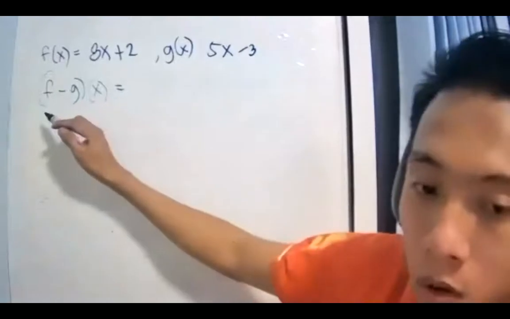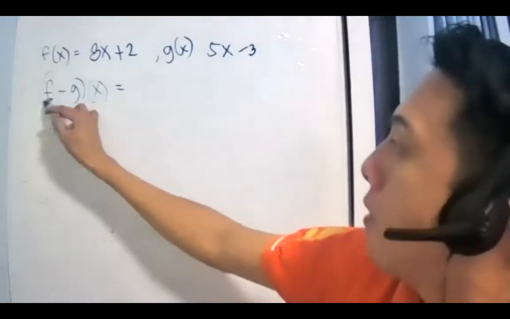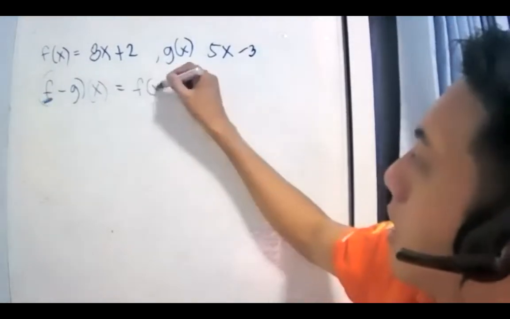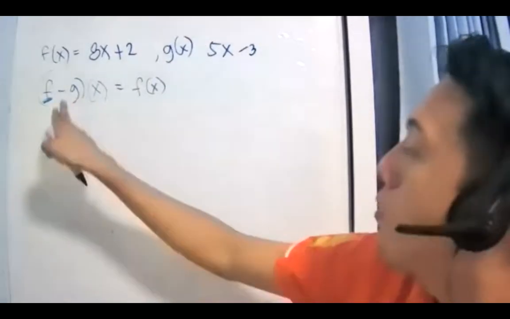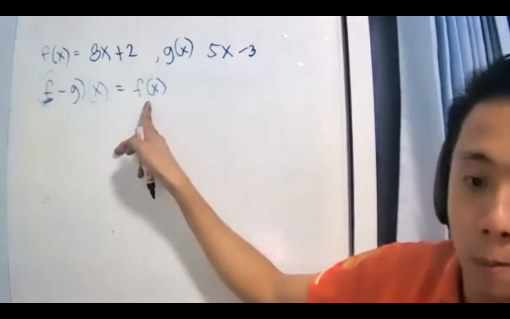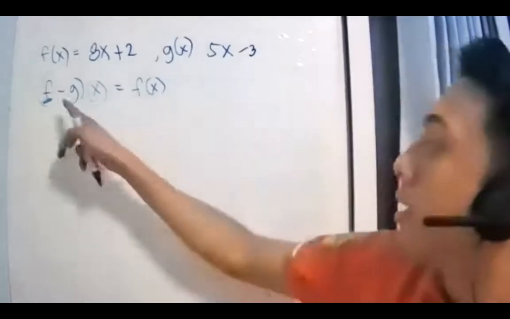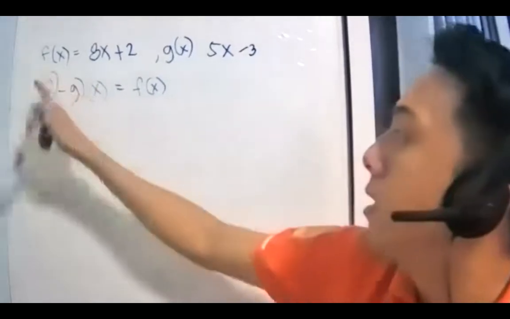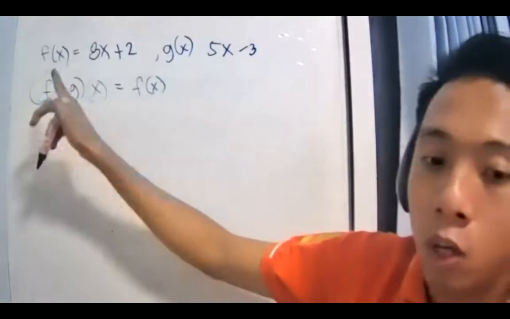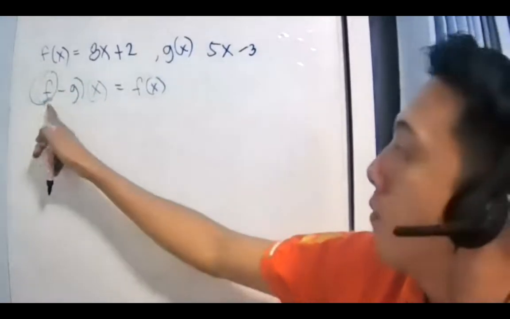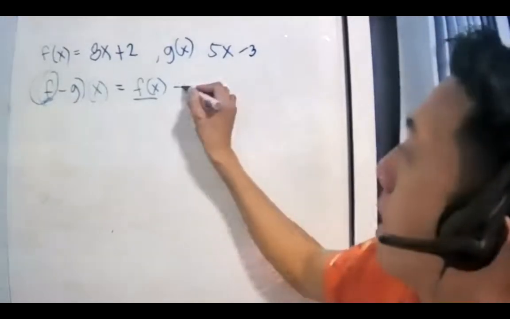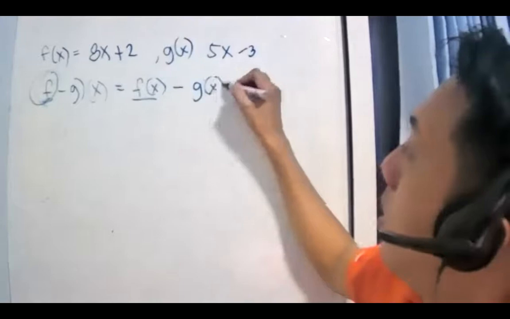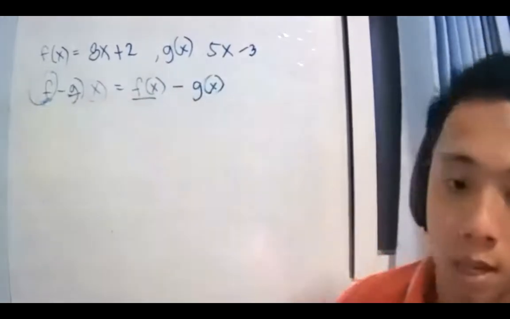Kung napapansin nyo, kapag nauna ang f, of course, uunahin din natin ang f of x. Kapag inuna ko yung g, ibig sabihin, mauna yung g mong susulat dito. Kung ano yung nasa unahan na letter, yun ang susundan natin. Kapag nauna ang f, the first one is f of x. Bago tayo maglagay ng minus, g of x will be the second one.